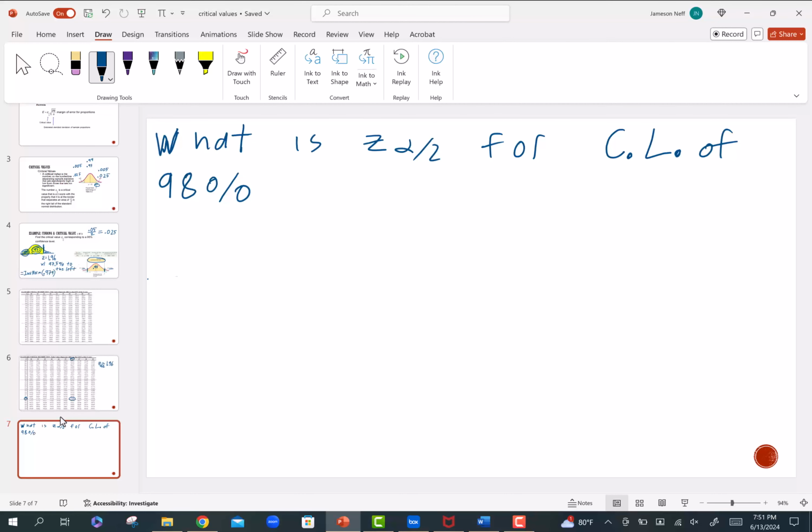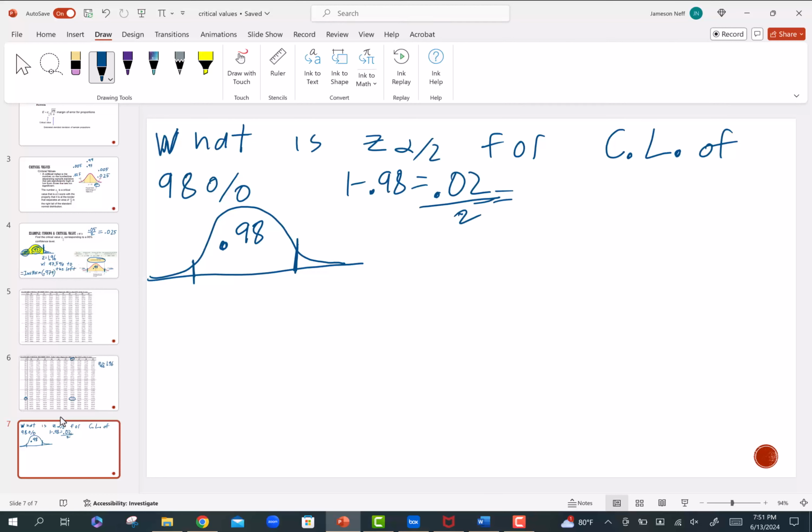Okay, well, let's just draw that out. So I want 98% in the middle. That means there's 2% to go between the wings. And since it's symmetric, half of it will be in each wing, so 0.01, or 1% in each wing.